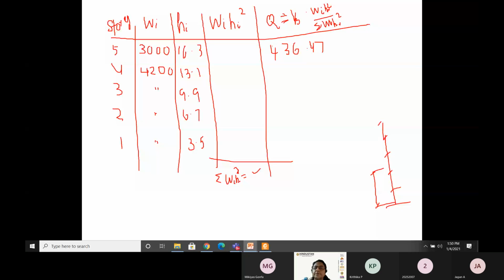Is that right? Did you multiply with the base shear VB? Yes, ma'am, 1188. 1188 multiplied by what? Wi Hi square. Did you calculate all these things? Yes, ma'am. Tell me, first one.